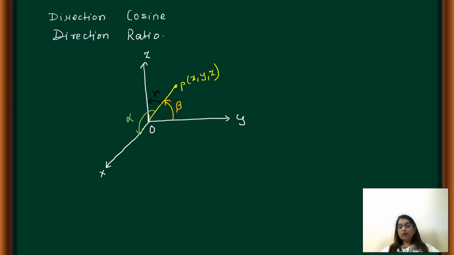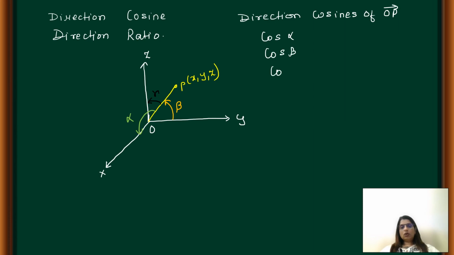Now it is only with the positive side of the axes. Then what are the direction cosines of OP vector? They will be cos alpha, cos beta, and cos gamma. We have seen this in the last lecture, right?